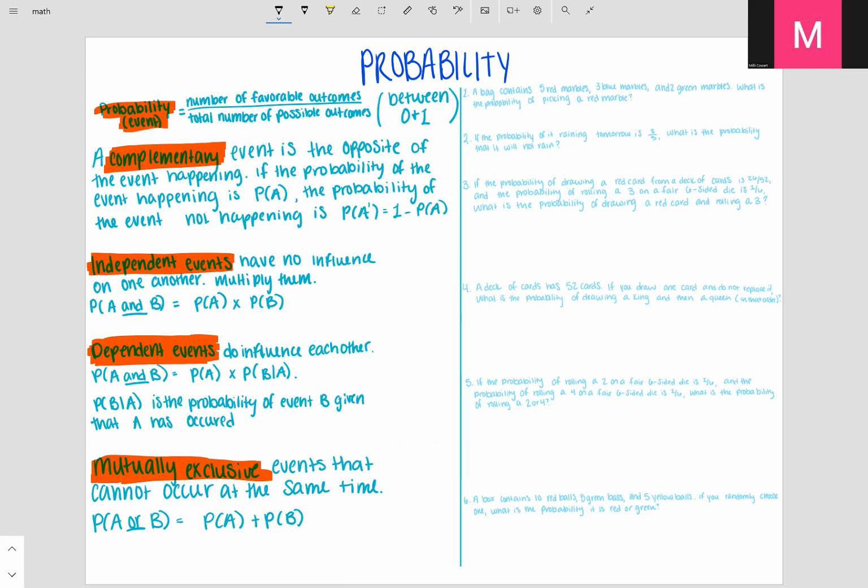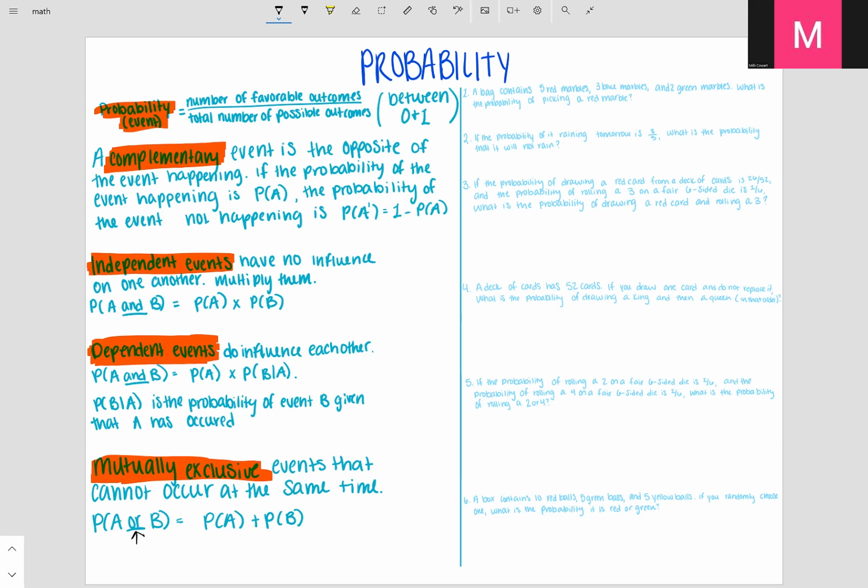And that'll make more sense once we get into the questions. Mutually exclusive events cannot occur at the same time. So it will be A or B, meaning that you add them. So P of A plus P of B.